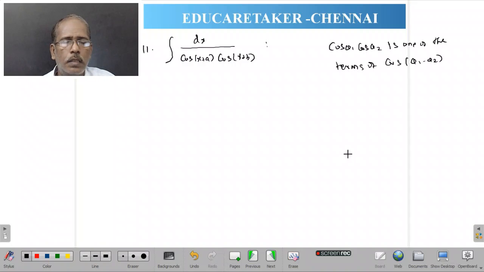Am I correct? Why not say cos theta 1 cos theta 2 is one of the terms of cos of theta 1 plus theta 2? Correct, absolutely correct. But for adjustment, we need a constant term.